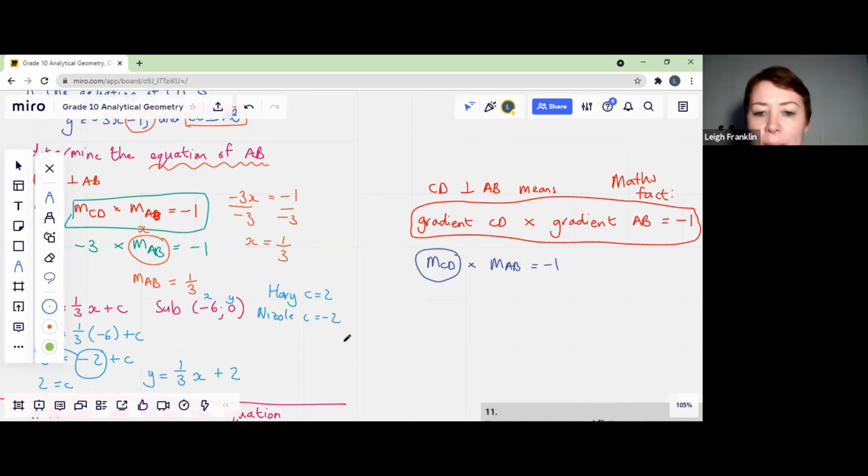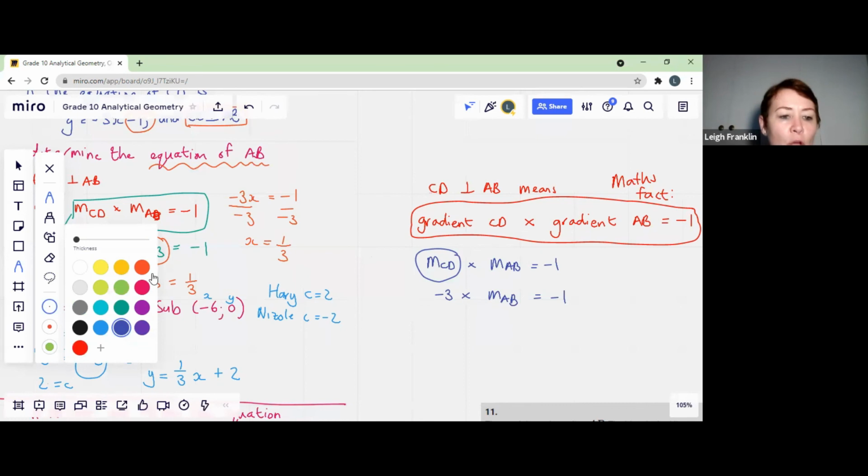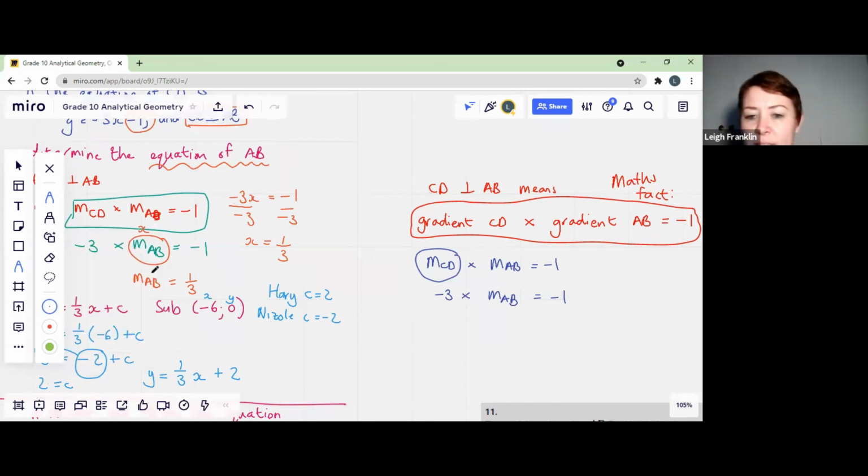So now I'm substituting gradient of CD as -3 times the gradient of AB is -1. And then what I was trying to explain, Maya, is that you can look at this gradient of AB. It's just an unknown, like it's an X.